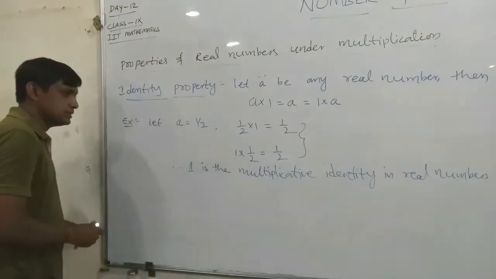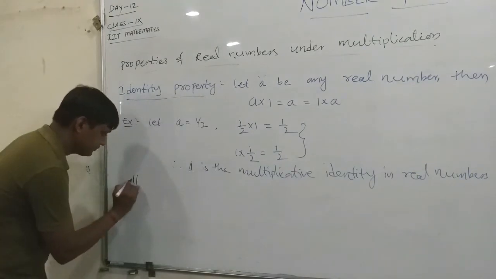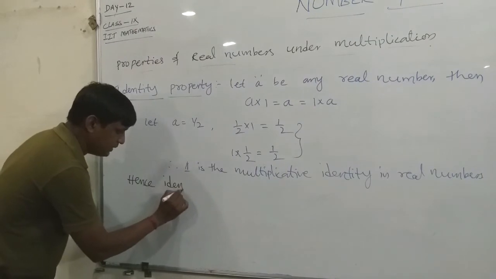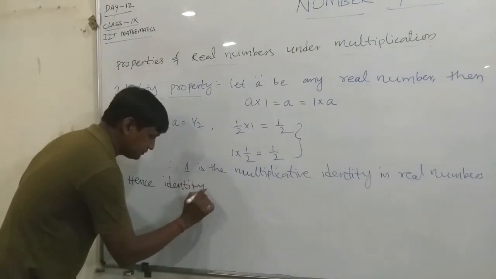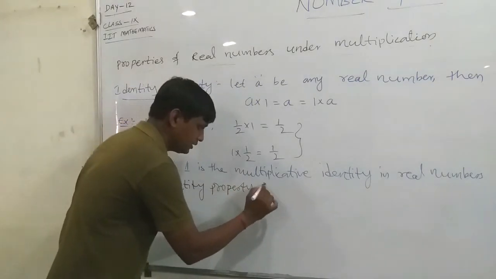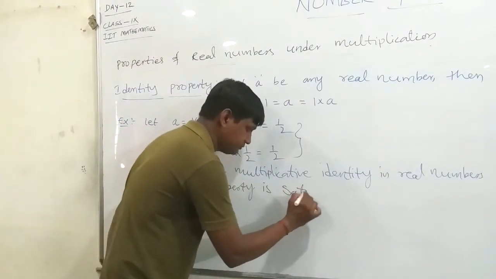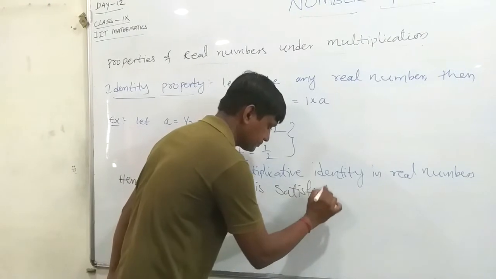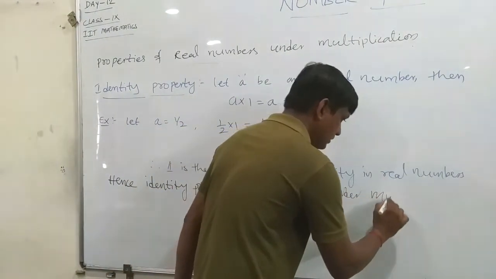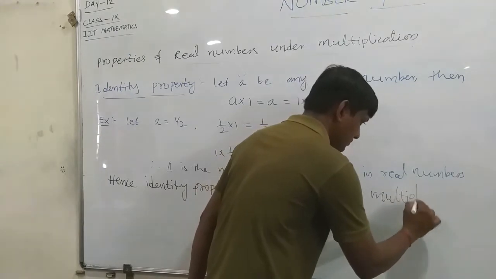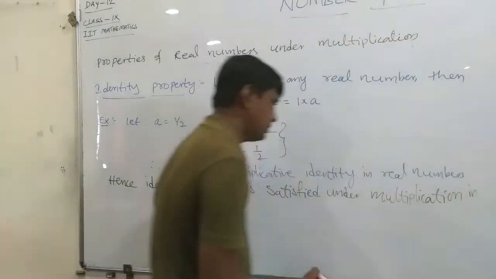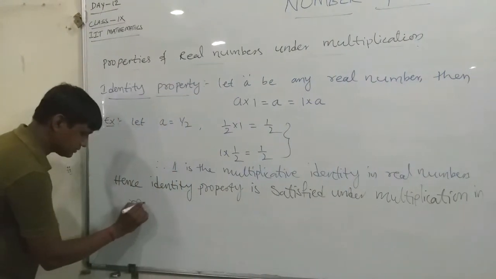So hence identity element or identity property is satisfied under multiplication in real numbers.